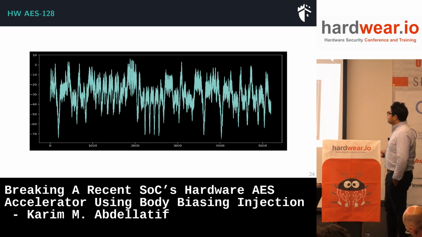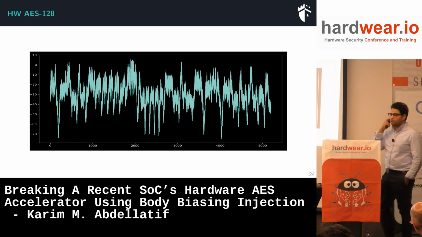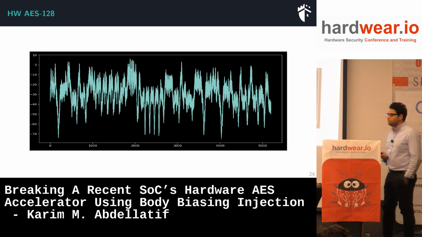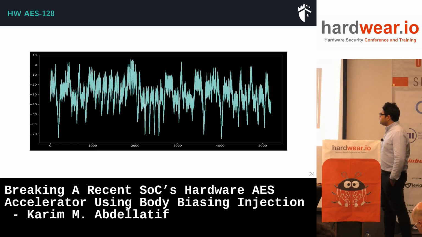I started to measure the power consumption during the execution of the AES. I'm very sorry, I won't be able to show the firmware that calls the AES because it shows the name of the vendor. You can know the name of the vendor from the firmware itself. So here is the AES, which is executed.